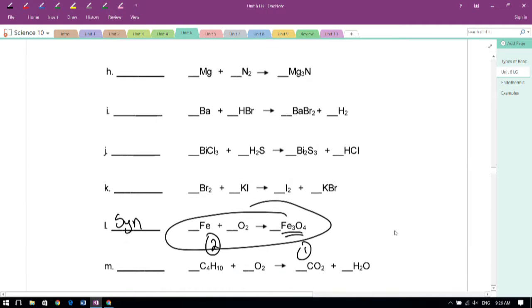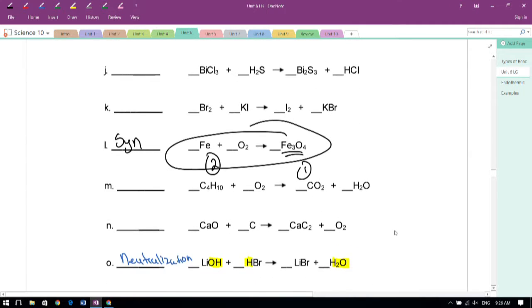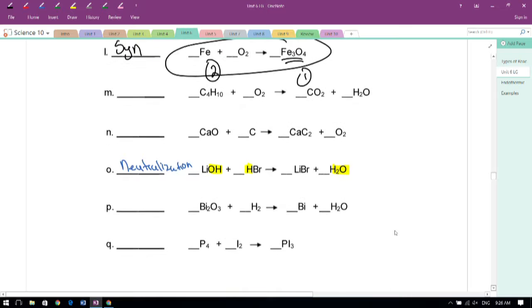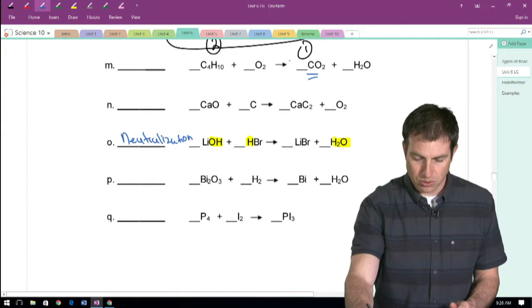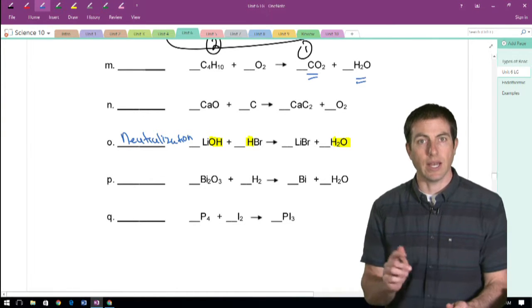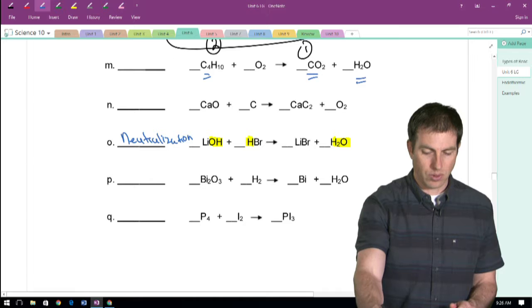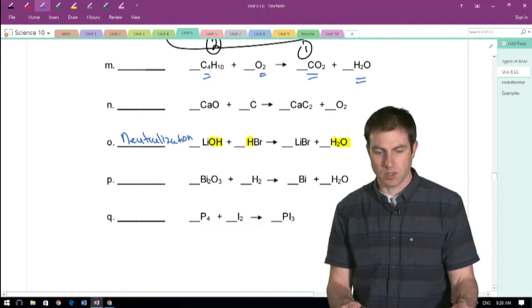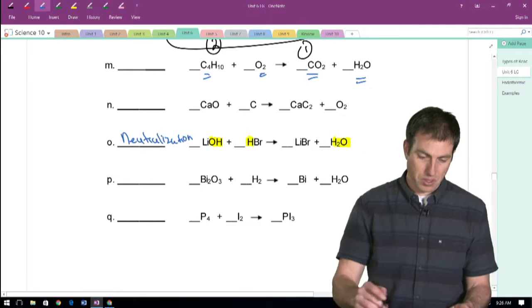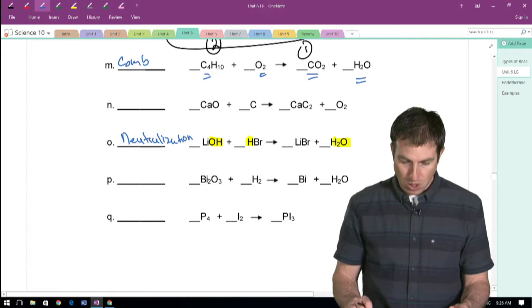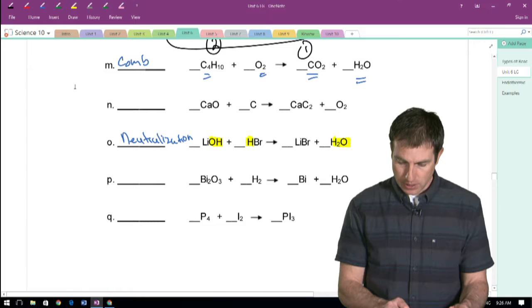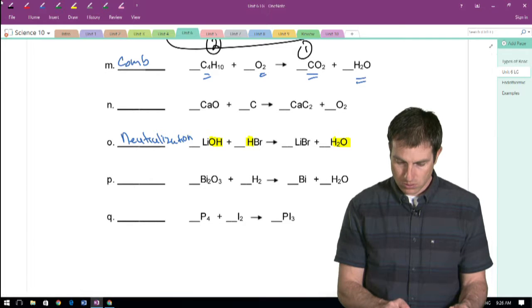We did those. See one there. So up at the top, we have letter M here. We have CO2 and H2O being produced, and a hydrocarbon to start with and oxygen gas. So anytime you burn something, that's definitely combustion, letter M. If I keep going, are there any others that end in CO2 and H2O?